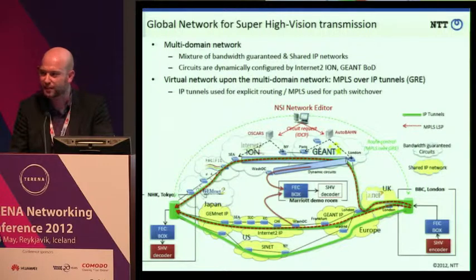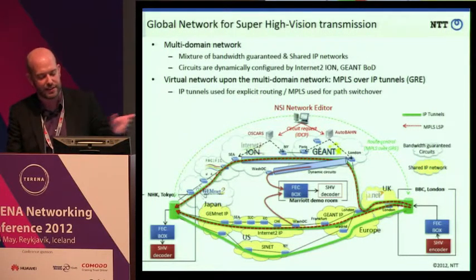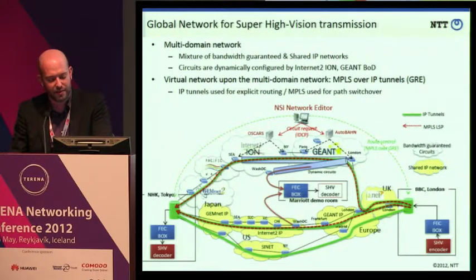So within Janet, the SHV signal is actually sharing the Janet IP traffic. Once we break out into Géant, the signal is then split onto three IP tunnels, one going over the IP networks of Géant, Internet 2 and Gemnet to Japan, and then also via SciNet, so there's two streams there.